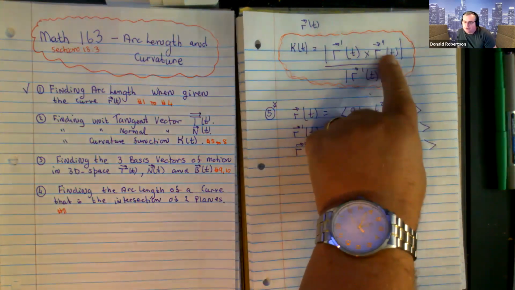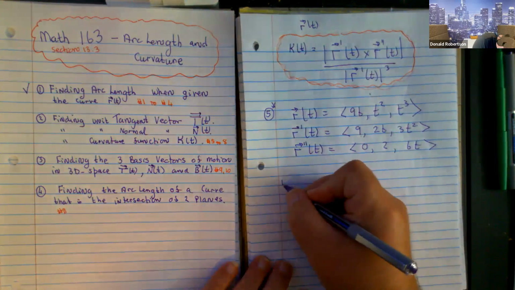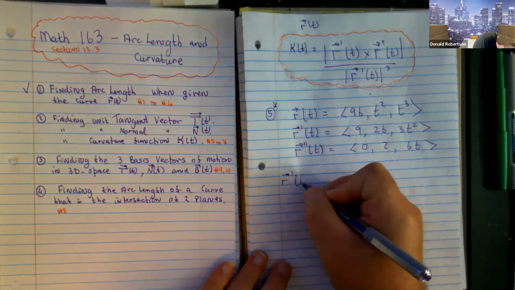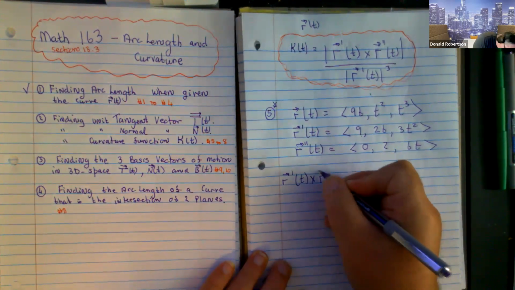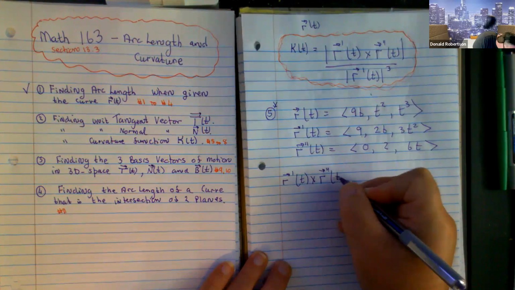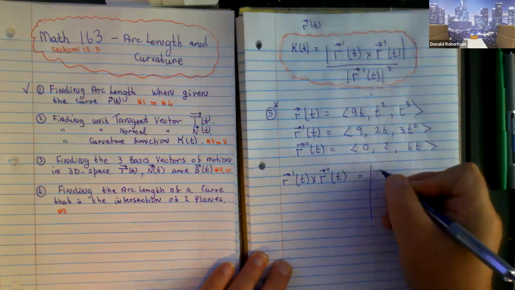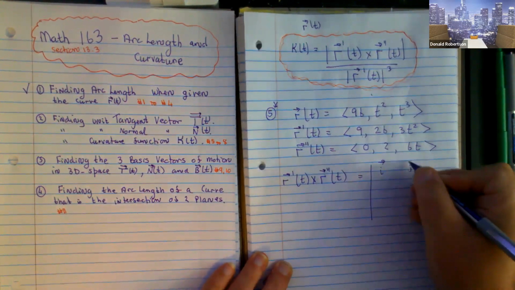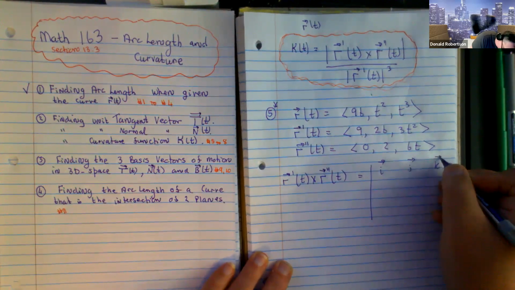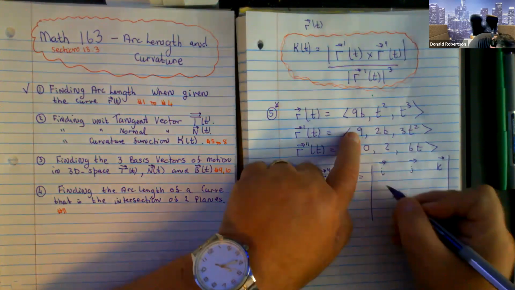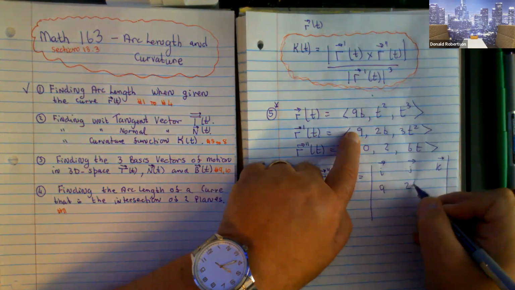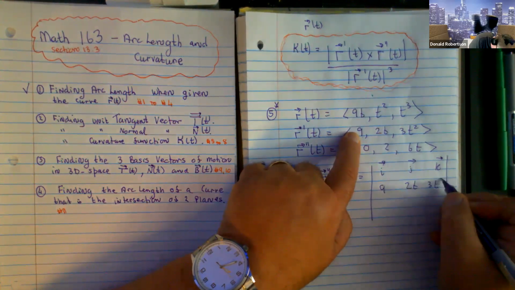Now we're going to do the cross product. Well, the cross product of the first derivative with the second derivative is going to be an i, a j, and a k. And the first derivative is 9, 2t, 3t squared.